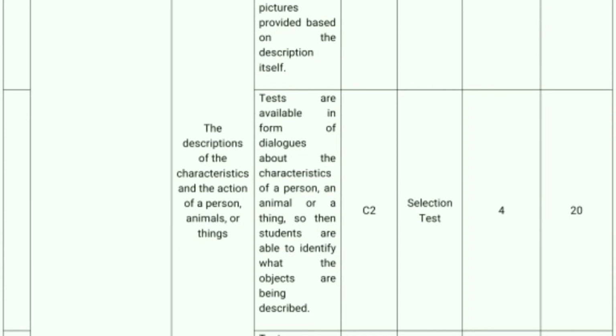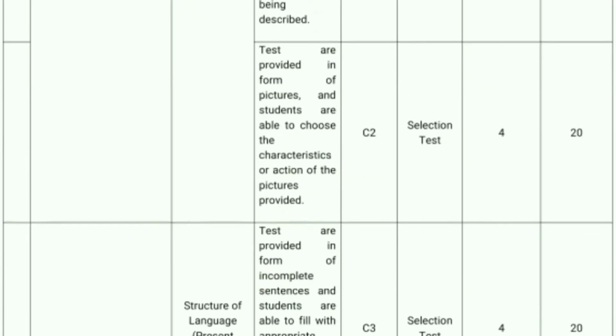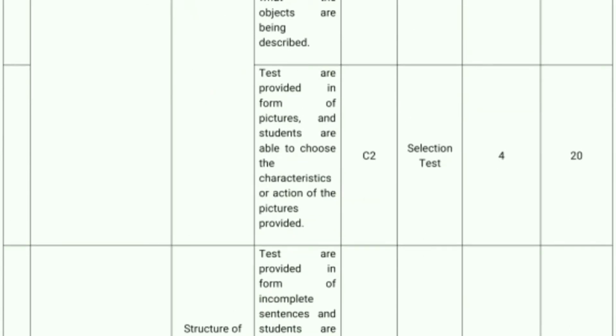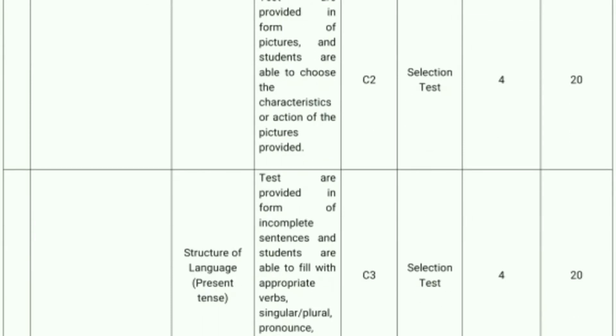And for the next, the tests are available in the form of dialogue about the characteristic of a person, an animal, or a thing, so the students are able to identify what object is being described. And the next is the tests are provided in the form of a picture, and students are able to choose the characteristic or action of the picture provided.